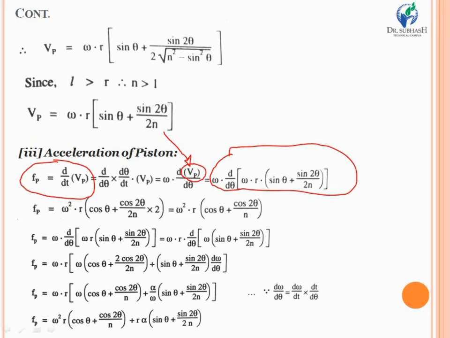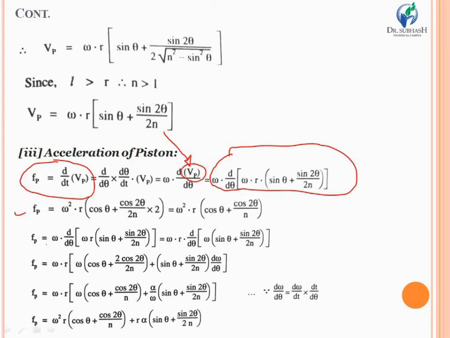Further simplification will give us a new relation, that the acceleration of the piston is equal to omega square into r times (cos theta plus cos 2 theta upon 2n into 2). And so omega square into r times (cos theta plus cos 2 theta upon n) will be the relation for the acceleration component of the piston.